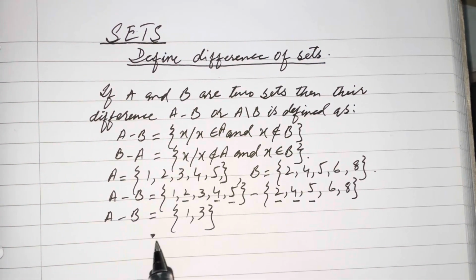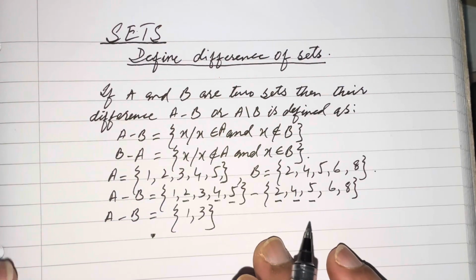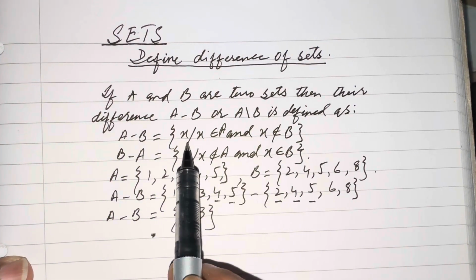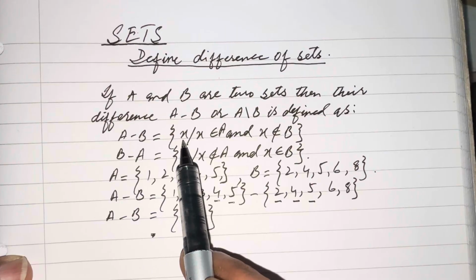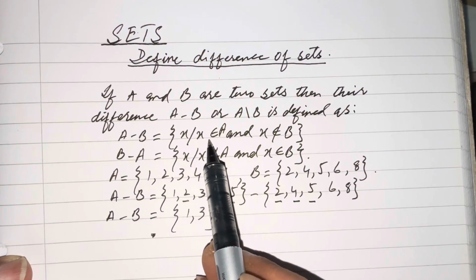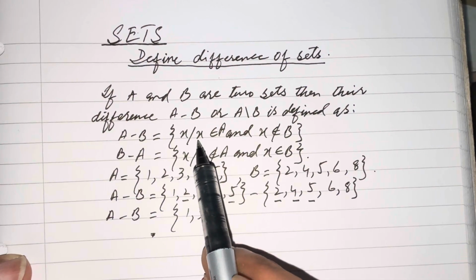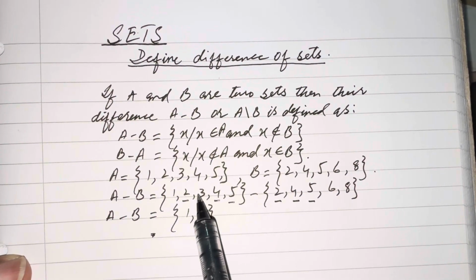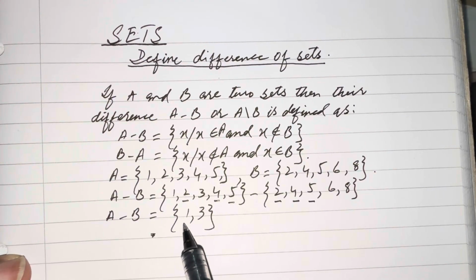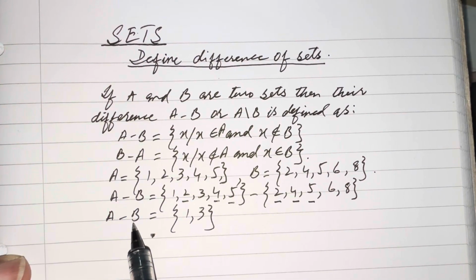So if we see what we have written over there, x where x belongs to A and x does not belong to B: x belongs to A means the remainder elements of set A will be written in the answer of the difference of these two sets.